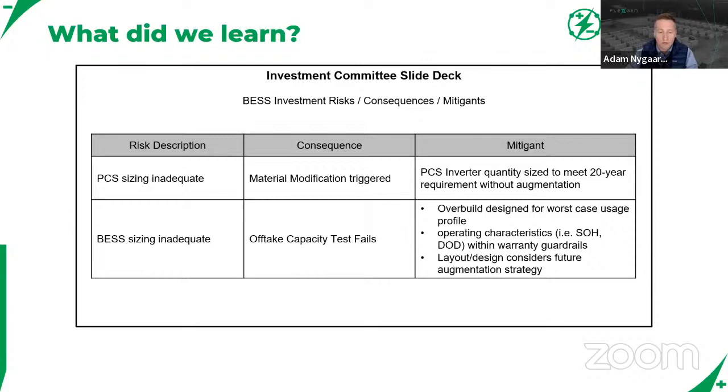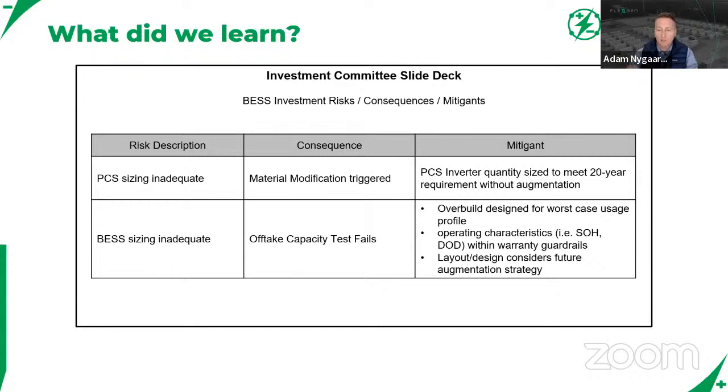Similarly, for the battery sizing, we walked through a lot of these, the risk of the sizing being inadequate, and then you fail the offtake capacity test. The additional consequences of that are either you're going to need to pay financial liquidated damages to that offtake agreement owner, or you're going to need to remedy the situation and go buy new cells and somehow meet that minimum requirement, right?